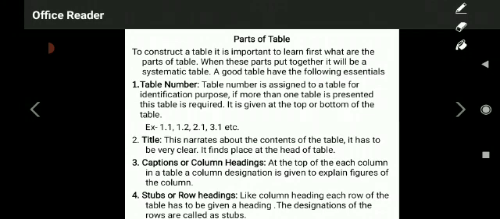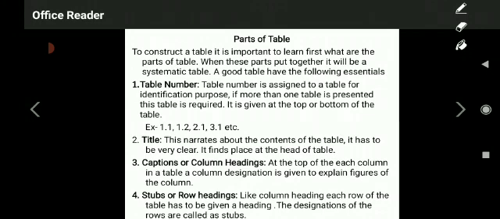The first essential of a table is the table number. Listen to me carefully. A table number should be given for each table. If your tables are large in number, you have to give a specific number to identify each particular table.